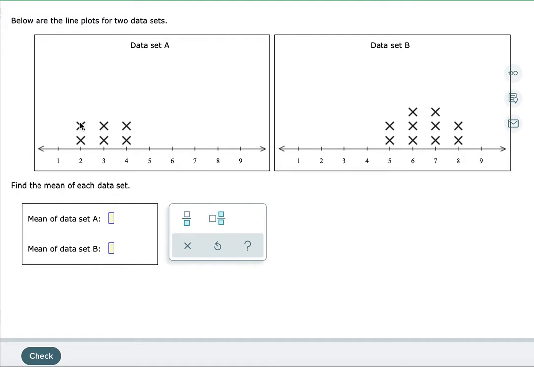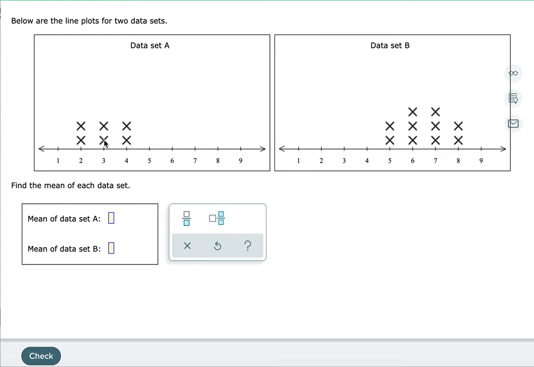So 2 plus 2 is 4, plus a 3 is 7, plus another 3 is 10, plus 4 is 14, plus 4 is 18. So all of these add up to 18, and there's 6 values. 18 divided by 6 is 3.